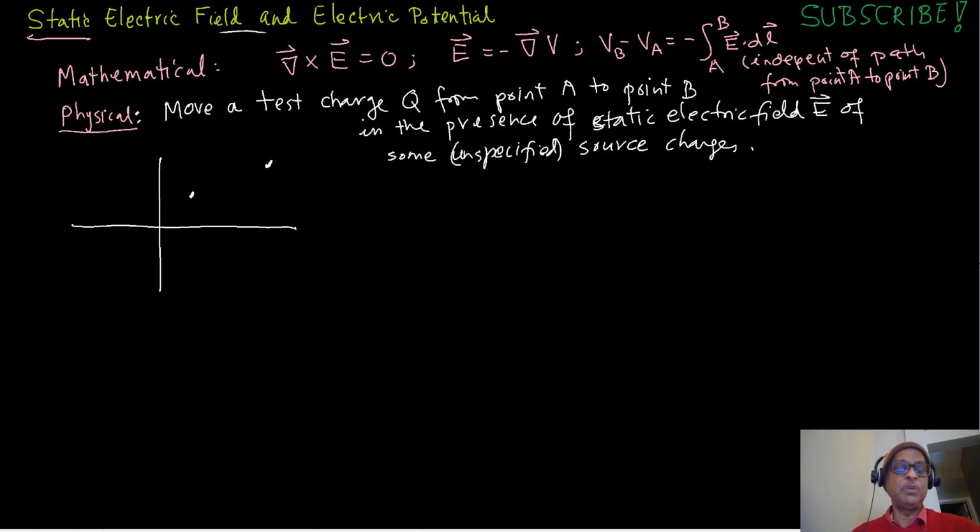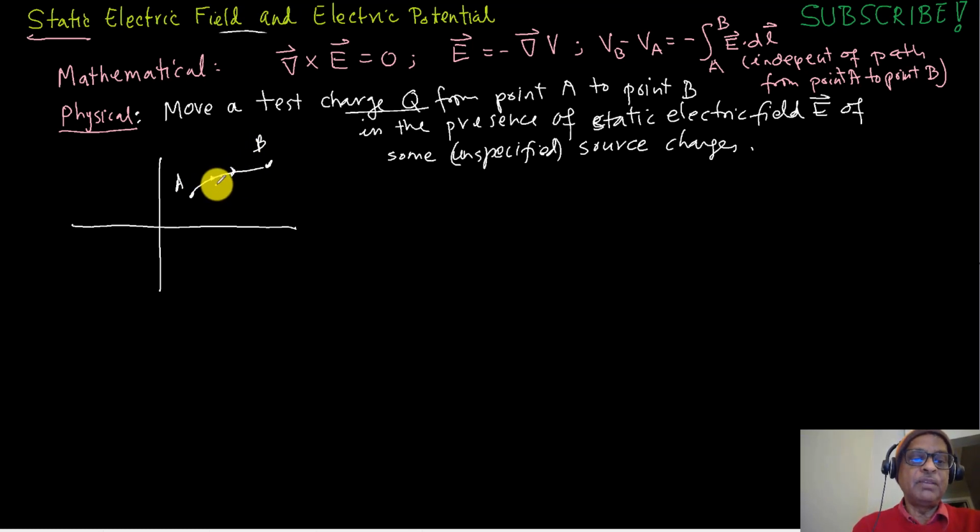The way we're going to look at the physical interpretation is to address the question: this whole place is filled with electric field, and you have a point A and a point B in space. We are going to take a test charge and move it from here to there.